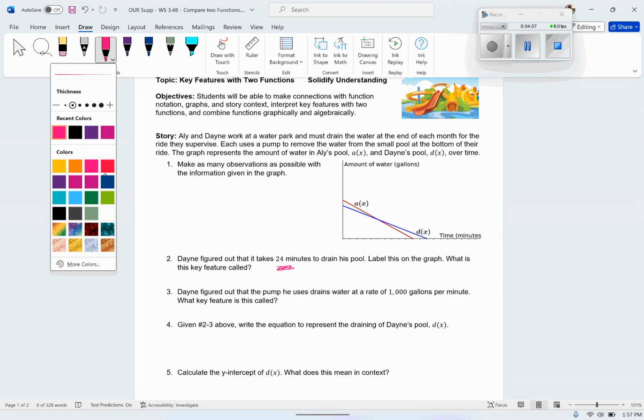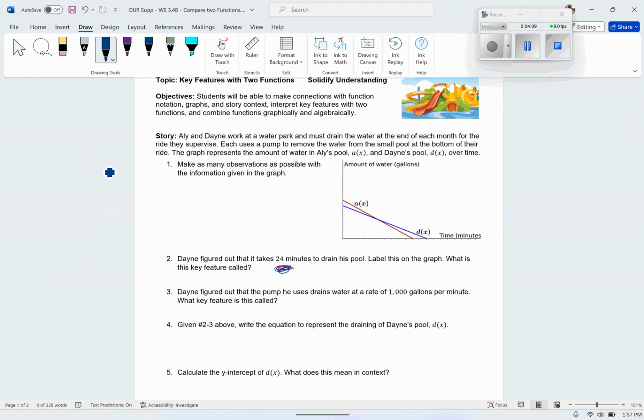Maybe let's do a blue one. I bet if we go 0, 2, 4, 6, 8, 10, 12, 14, 16, 18, 20, 22, 24. My writing's a little sloppy, but these are all counting by twos. Each tick mark's 2 minutes. Does that kind of make sense?